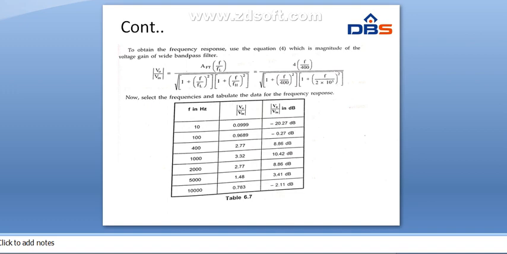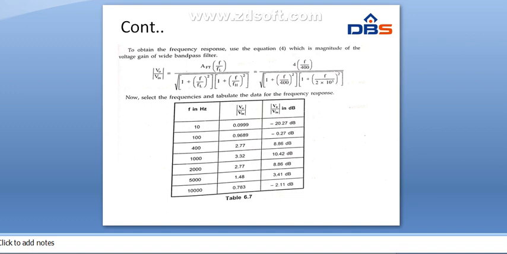In this example, first choose F equal to 10 Hz, and mod V0 by Vin we get 0.099. So in decibels it is equal to minus 20.27 decibels. If you choose F as 100 Hz, in decibels it is minus 0.27 decibels. If you choose 400 Hz, then it becomes 8.86 decibels.